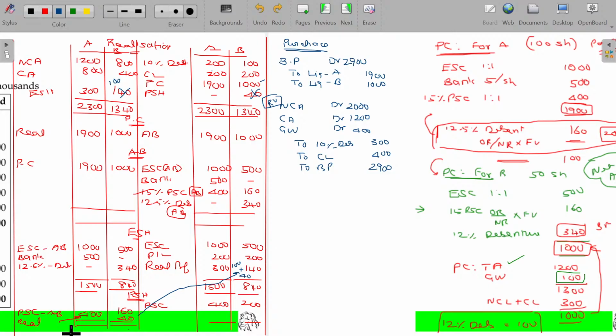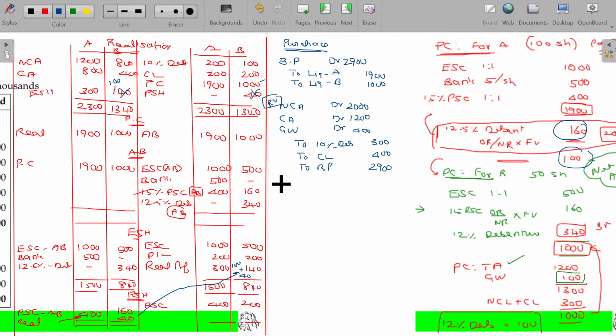While issuing the debentures in exchange of the existing 300 rupees worth of debenture, they offer only 160 and 100, 260. Originally, the debenture holders are in need of 300 rupees to be settled, but we are paying only 260. There is a 40 rupees shortage. As we are paying lesser, that is a gain for us. The gain will be named as either capital reserve, or if there is already a goodwill, it can be subtracted.